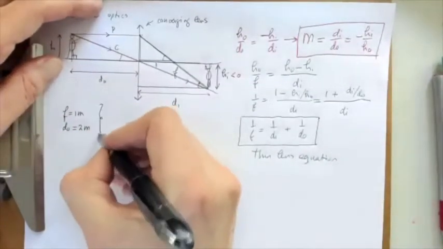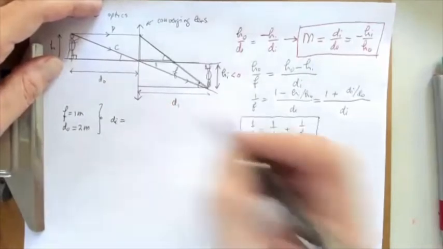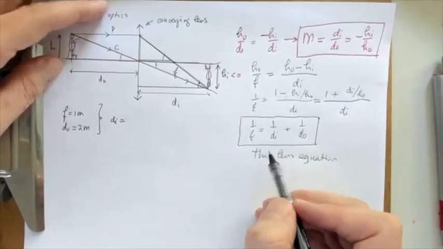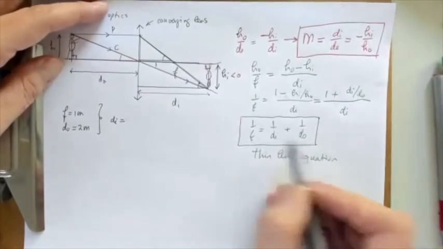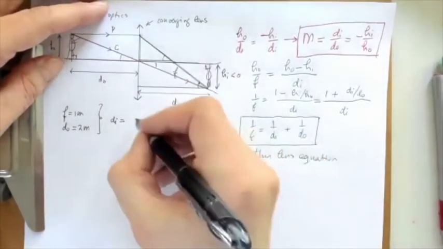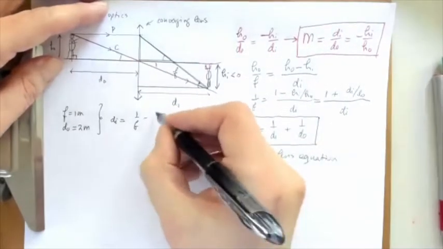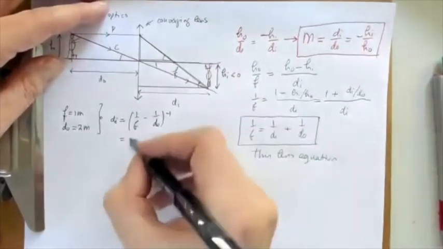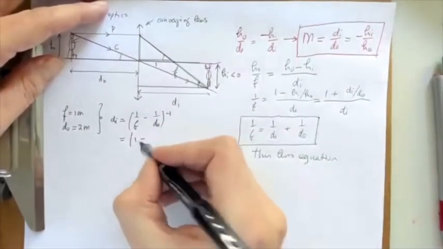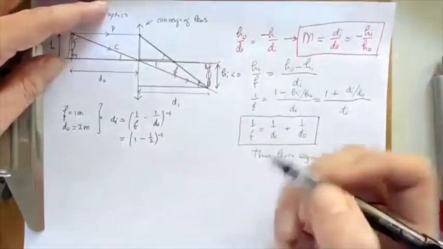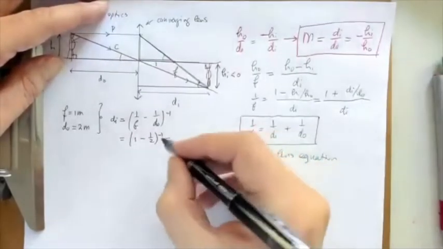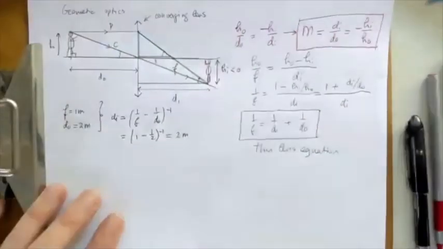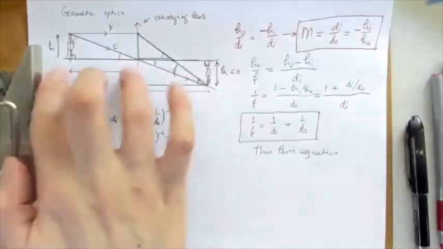Now, that means that di is, using the thin lens equation, I'll bring my do over to the other side and then I'll invert it. So it's 1 over f minus 1 over do, to the power minus 1. All right, this is 1 minus 1/2, to the power minus 1, is 1/2, inverted, is 2. Woohoo! That looks pretty good. If this is 2 meters, this is 2 meters.